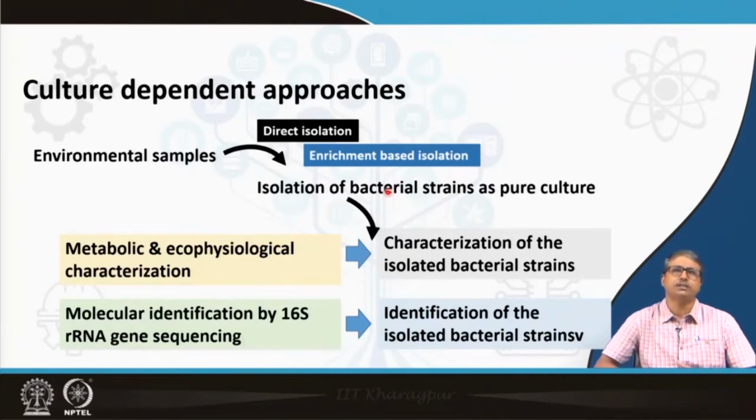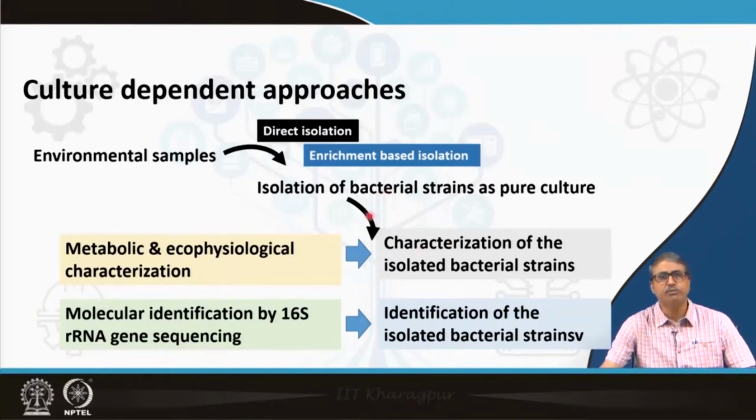Now, this culture purity is obtained through repeated subculturing. These are standard microbiological procedures and we are not going to discuss much on that. So, eventually the outcome is the isolation of bacterial strains as pure culture. They are pure, so they are not mixed with any other organisms.